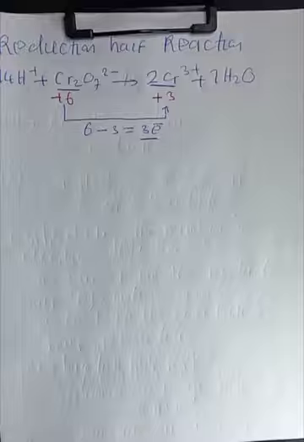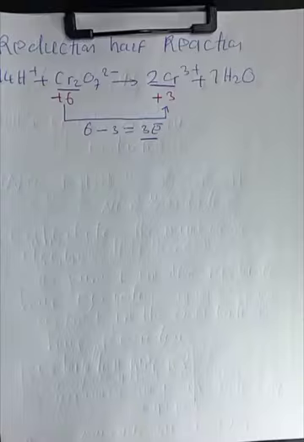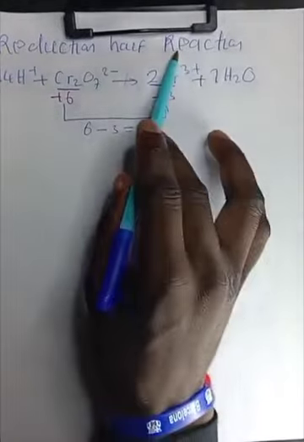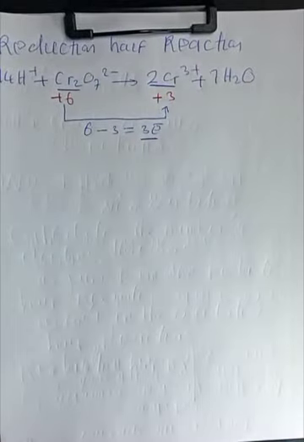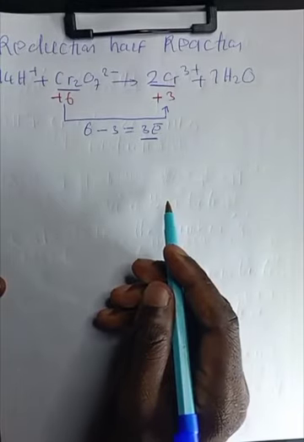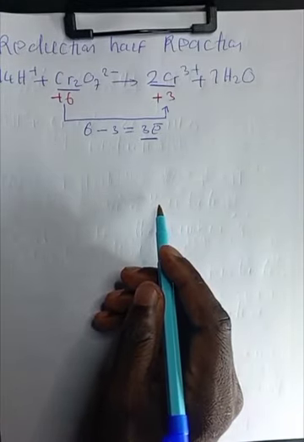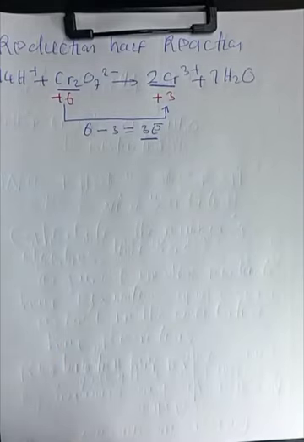I'm not seeing you right. What are you writing? Oh, on top there. If you're unable to see what I'm writing on top, just click on your screen, then you'll be able to see the full screen of the presentation.